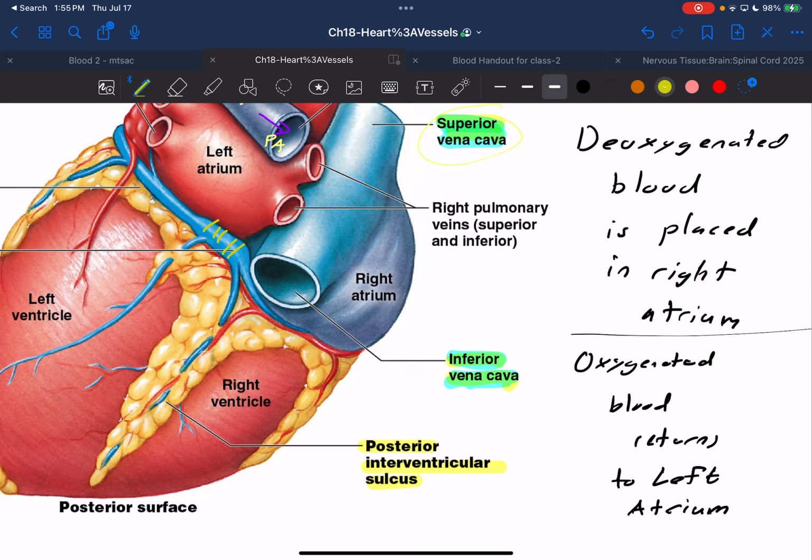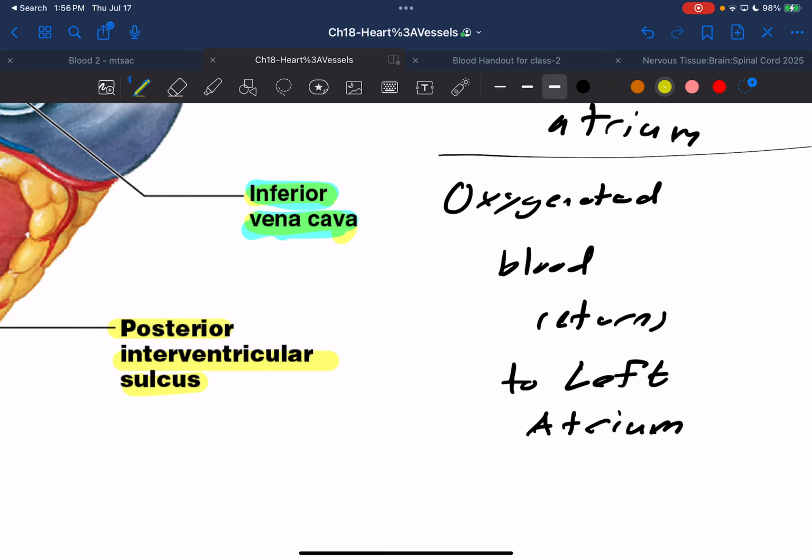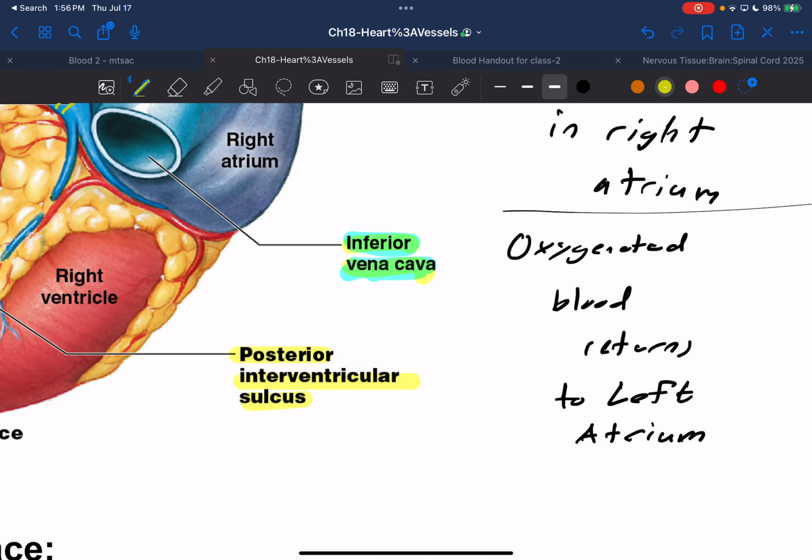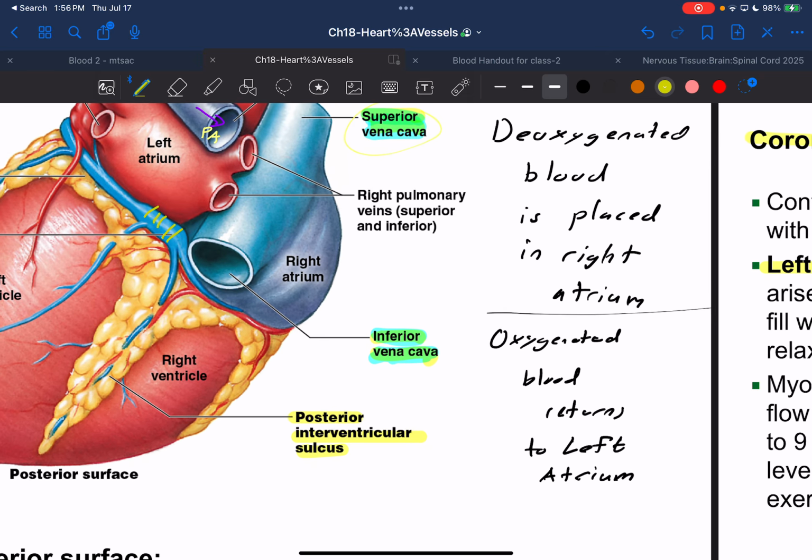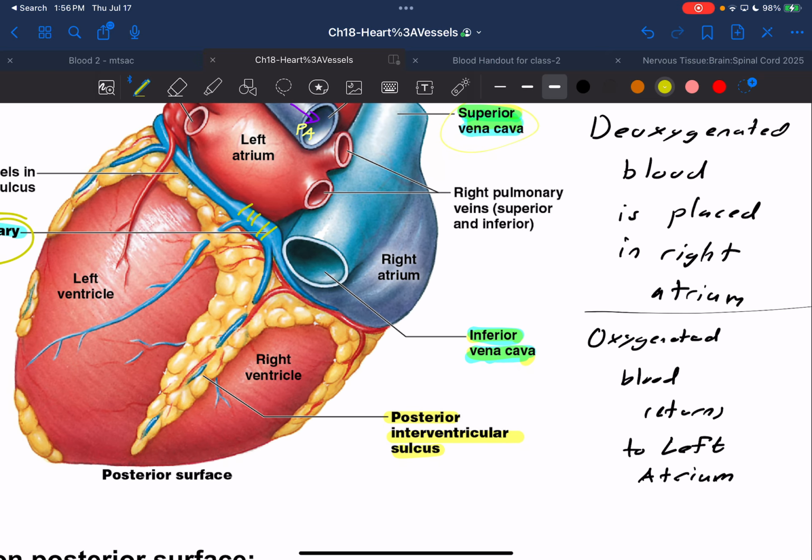Now I need you to program your brains that the opposite side, the left atrium, cares about oxygenated blood. It cares about receiving blood that now has oxygen. It'll be important in our story for blood flow. And so oxygenated blood returns to the left atrium. You need to draw that relationship early: right atrium deoxygenated, left atrium oxygenated.